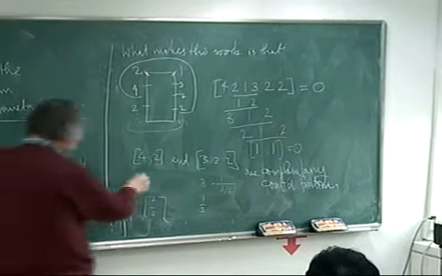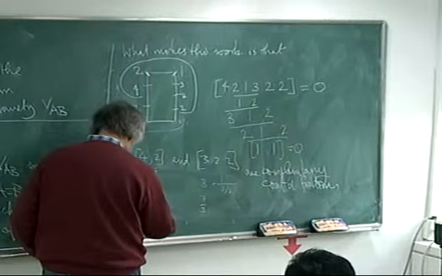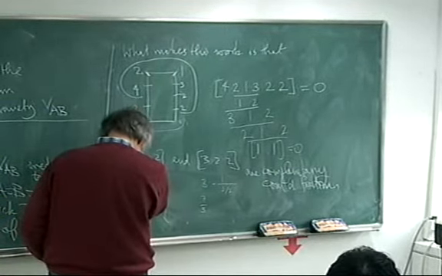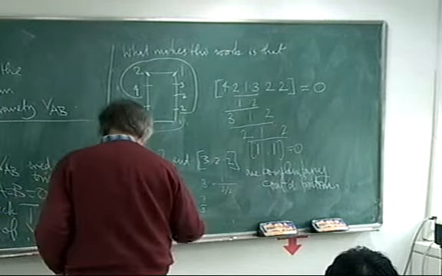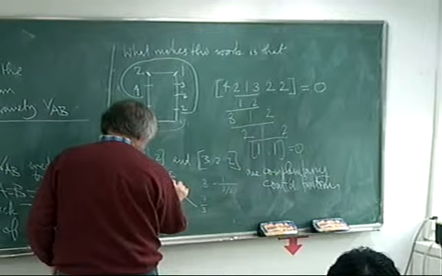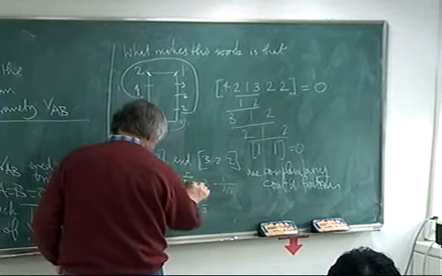If I wrote this in the other order, it would be 7 over 4. That's probably 2 minus a quarter, 7 over 4. So this is R over A and R over R minus A.